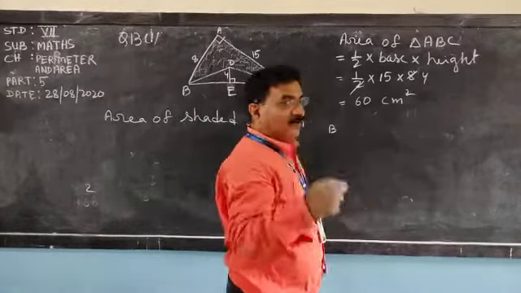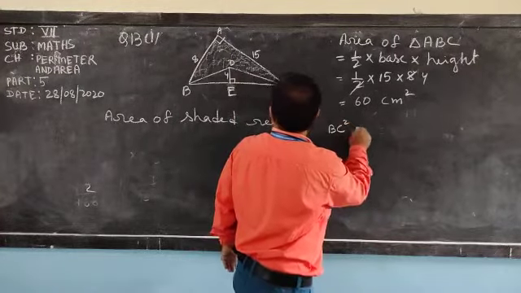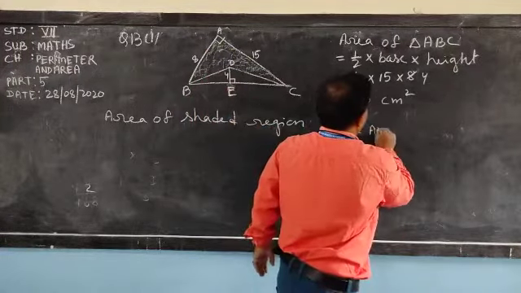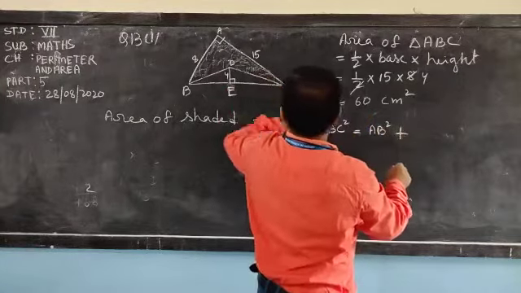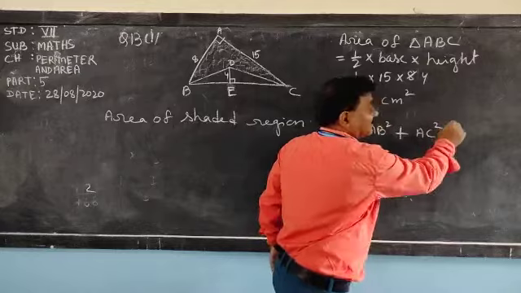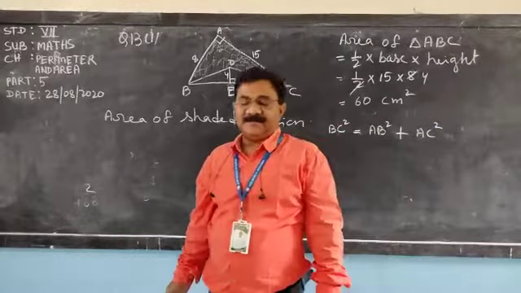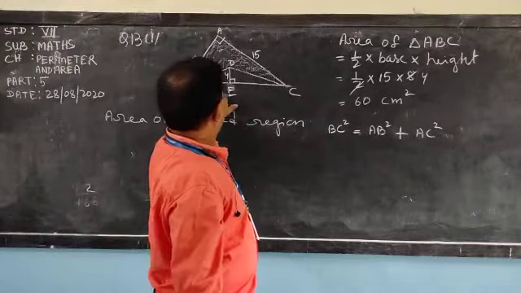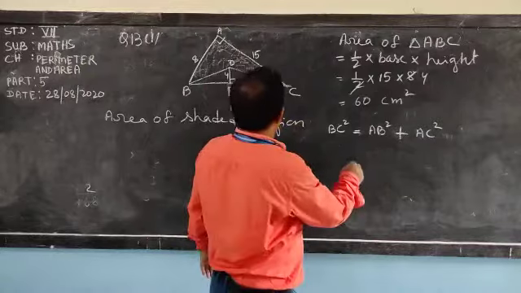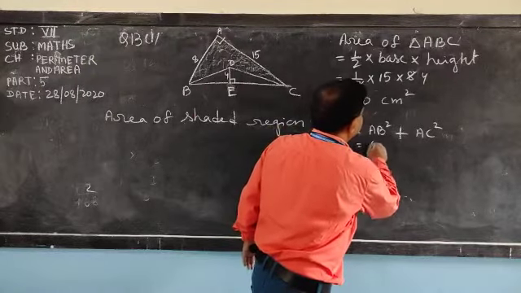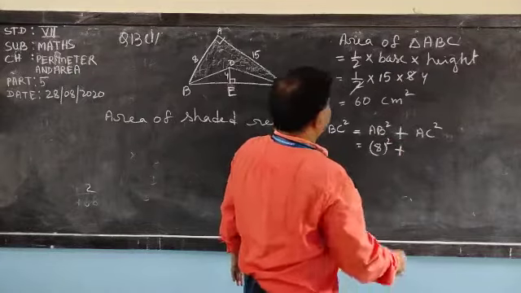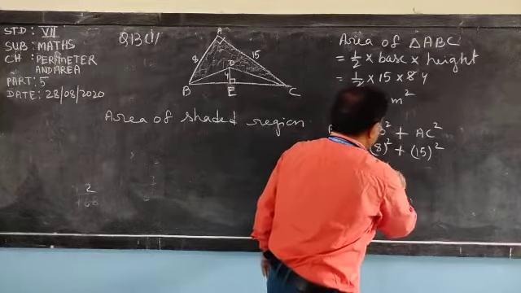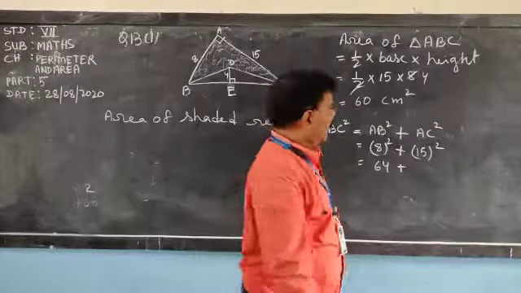using Pythagoras theorem. BC square is equal to AB square plus AC square. This part is clear that we are using Pythagoras theorem to find the hypotenuse, and AB is 8 square and AC is 15 square. 8 square means 64 and 15 square means 225.